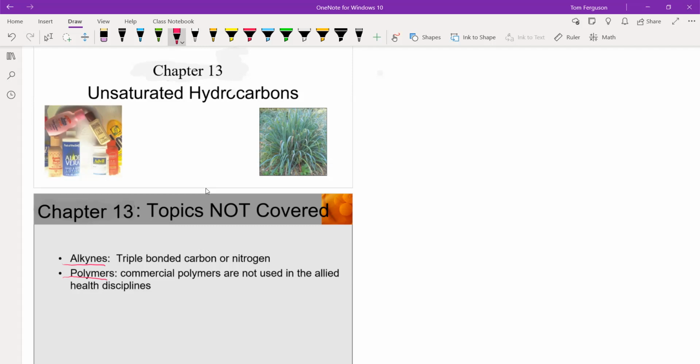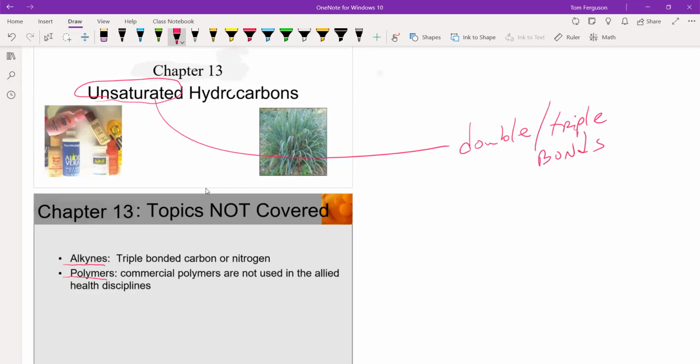Okay, so notice that this says unsaturated. Chapter 12 was on saturated. Unsaturated means double and triple bonds.